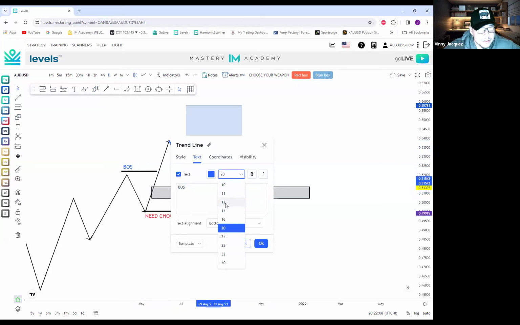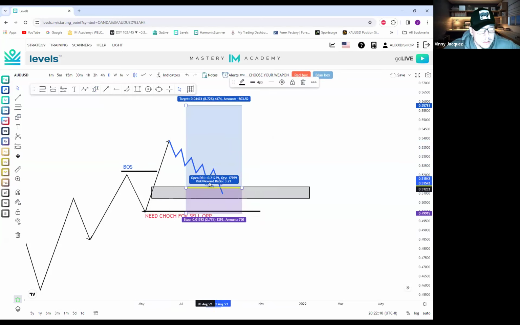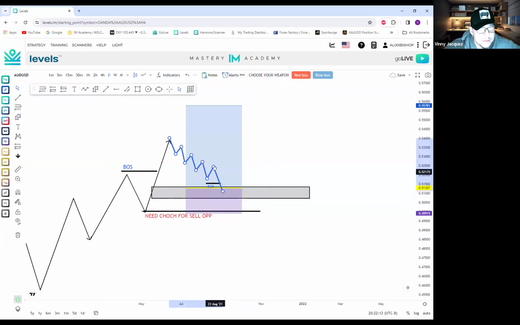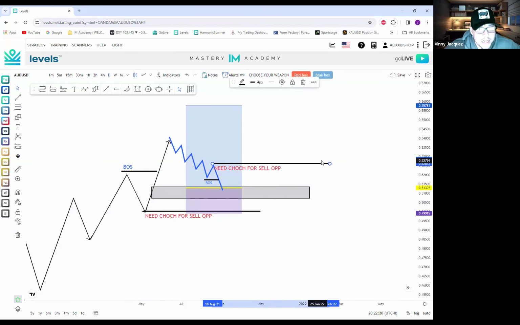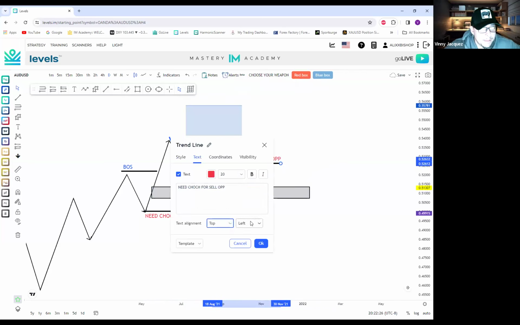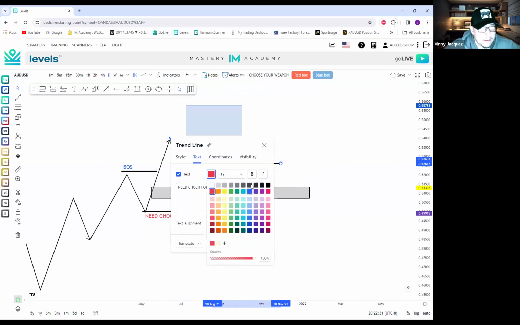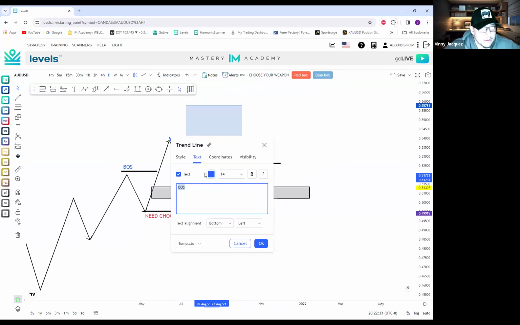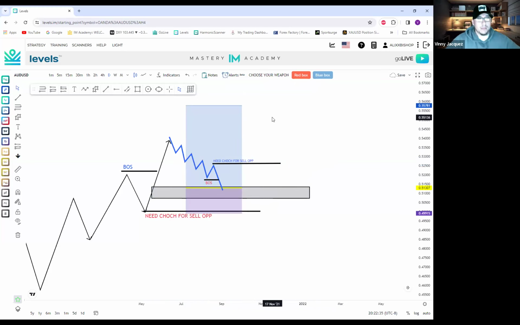Bottom, we'll make this a little smaller. Let's move this up just a little bit so this can be a little clear. Boom. All right, cool. We need this right here too. Right? Need change of character, but now we need it for buy opportunities. Right?